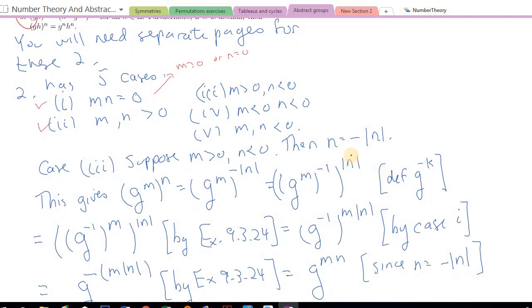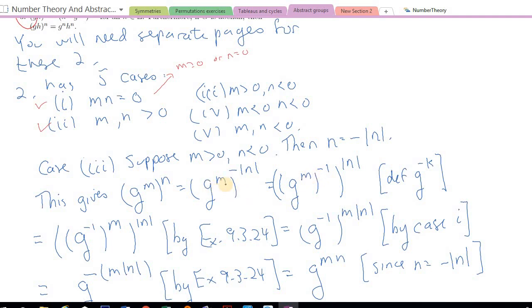Now I should write g to the m to the nth power as g to the m to the minus absolute value of nth power. Now we have a definition for how you raise a group element to the negative of a positive integer. And that's what we have here.